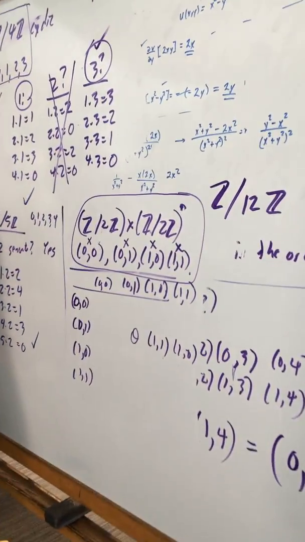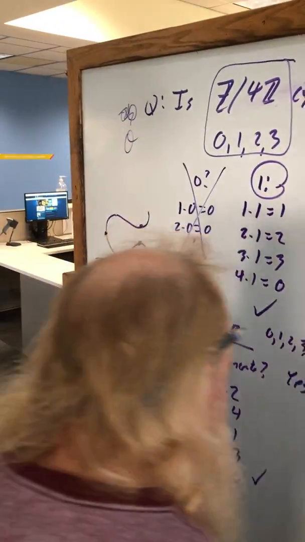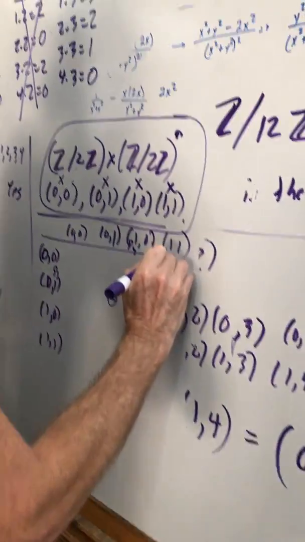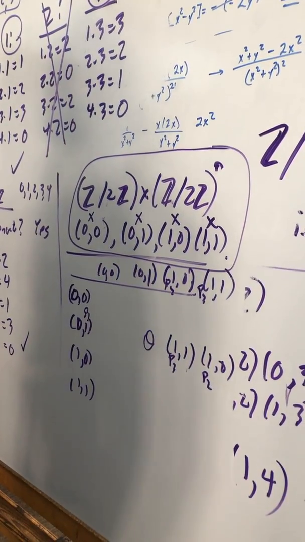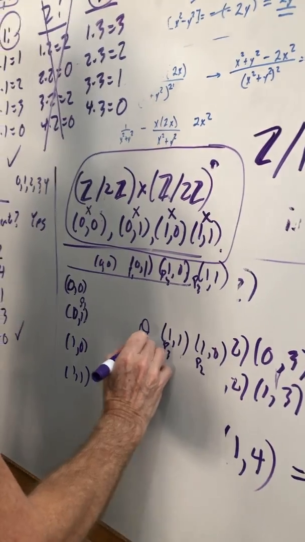Maybe we should just label them P1, P2, P3. P1 plus P2 is P3. P1 plus P3 is P2. And P1 plus itself is 0.